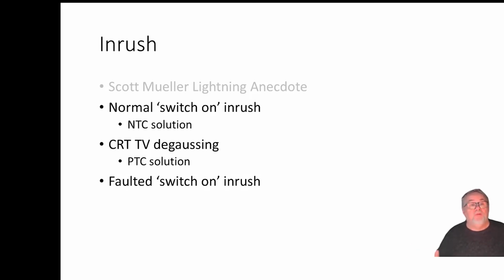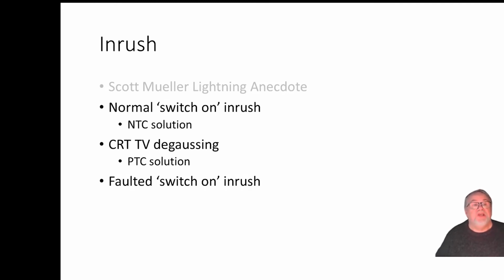But as the current flowed, the resistance of the PTC went up and up, and the degaussing current became less and less, so that by the time the heaters on the screen had heated up and the screen was actually coming on, the degaussing phase was finished and you never saw it.